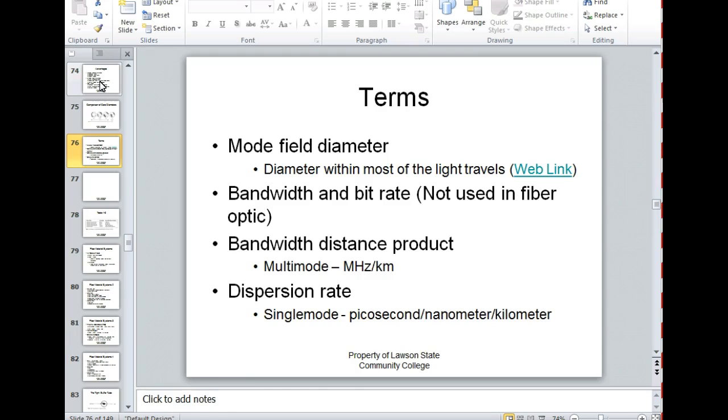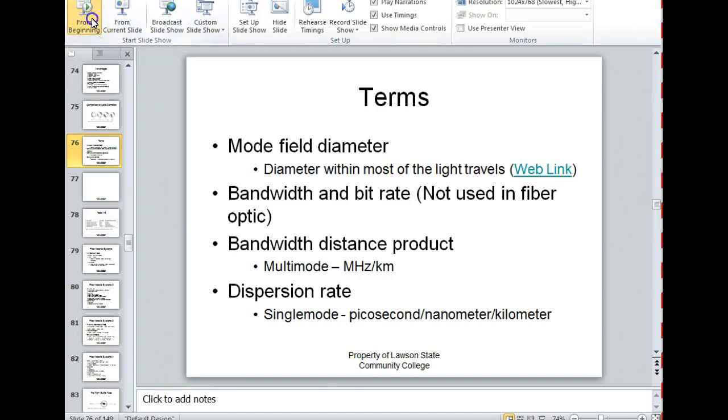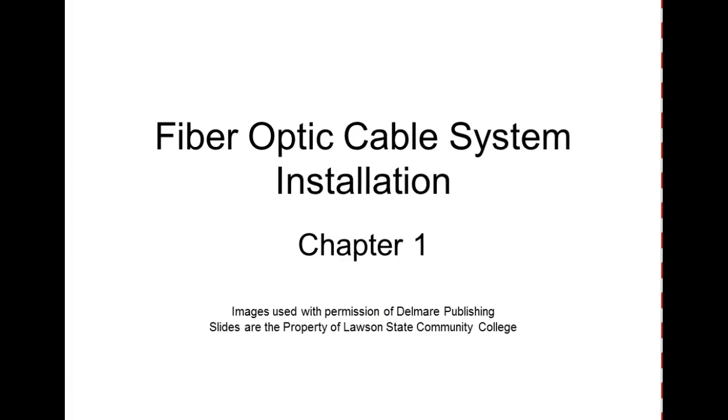One thing that you need to understand is this thing right here called bandwidth product and the dispersion rate. These are different ways that we rate a cable, and we can understand on the next slide the actual difference between the speed of this.